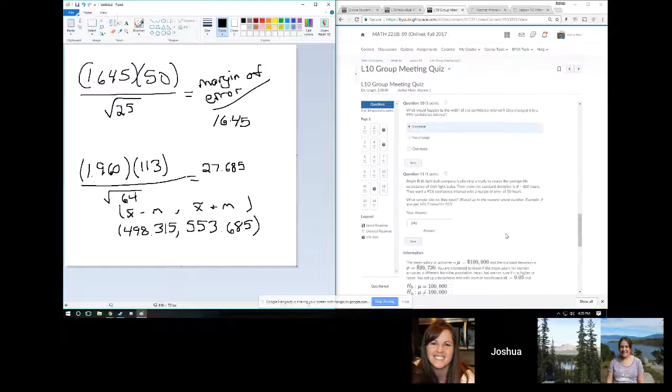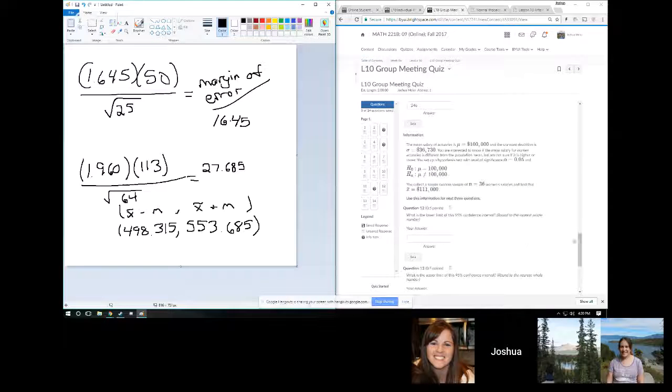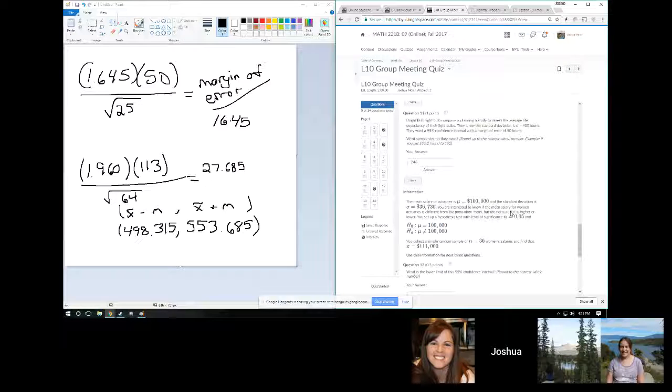I like these quizzes better because you have to do equations. And then for number 8, you have to find the upper limit.